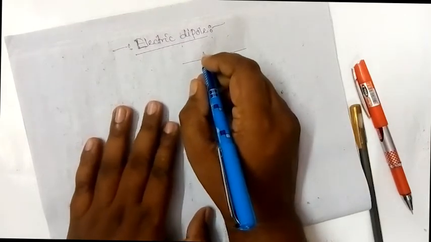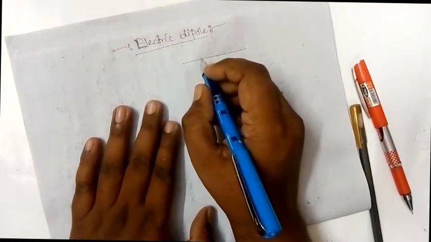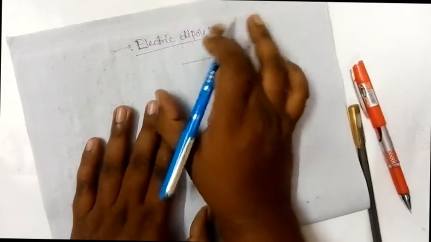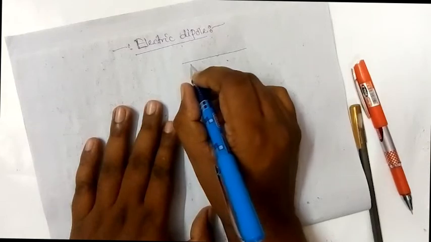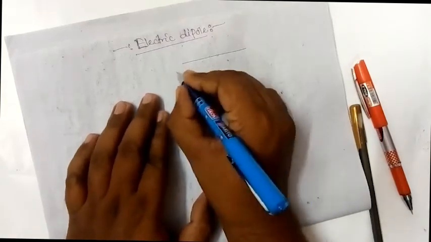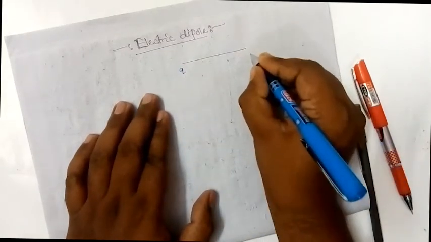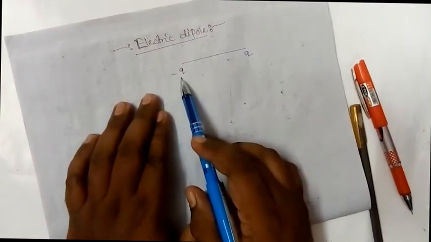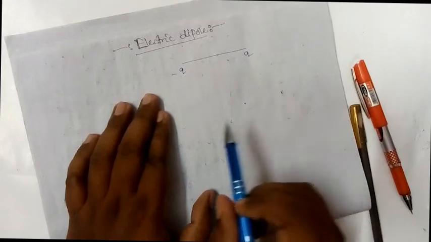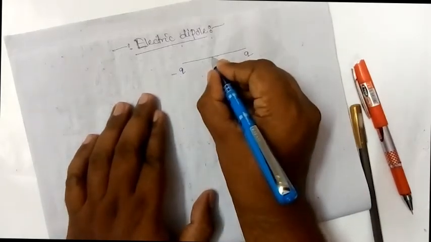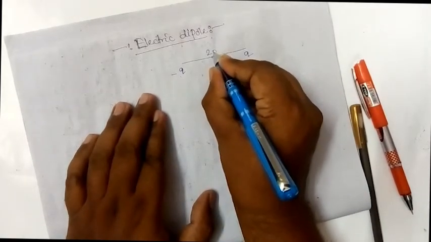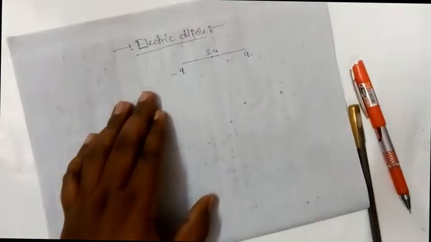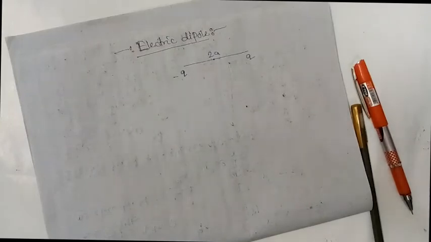If they are kept at a certain distance, then this setup that is formed is known as an electric dipole. Same magnitude means if on one side it is q, on the other side I am taking minus q. So here it is minus q and here it is q. If kept at a distance of 2a, this whole setup is known as an electric dipole.